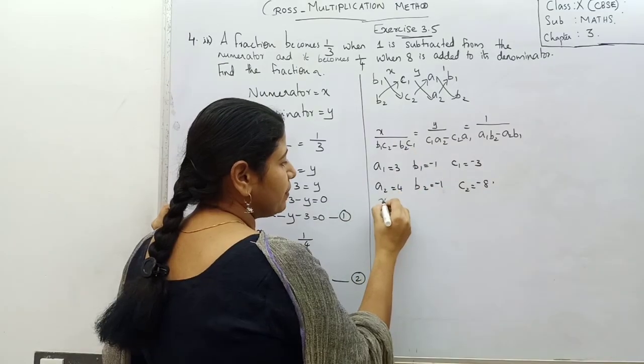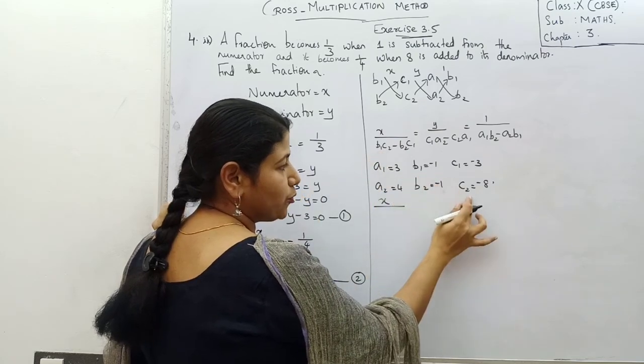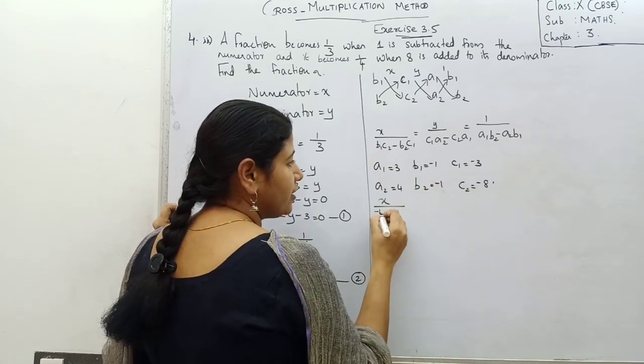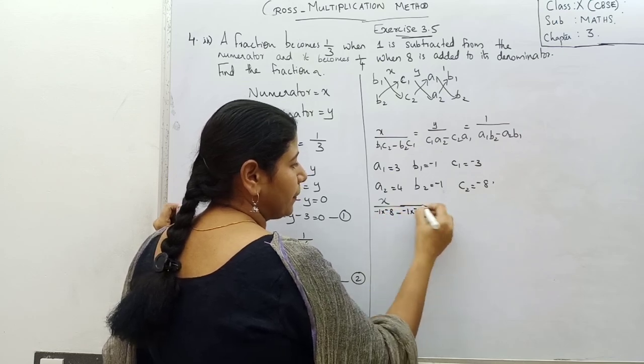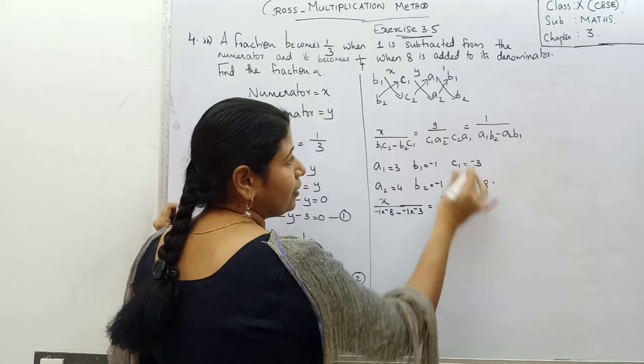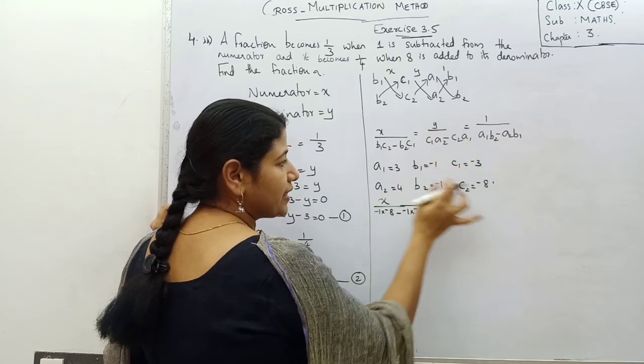We will write x by b1 c2 minus b2 c1. So negative 1 into negative 8 minus negative 1 into negative 3, equal to y by c1 a2 minus c2 a1.